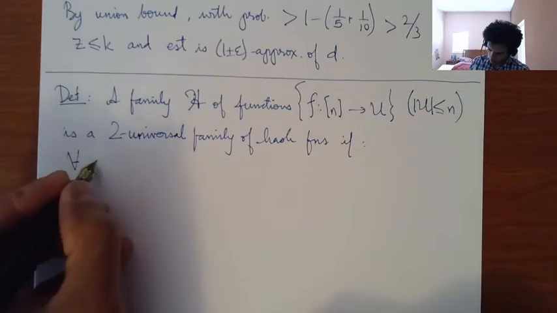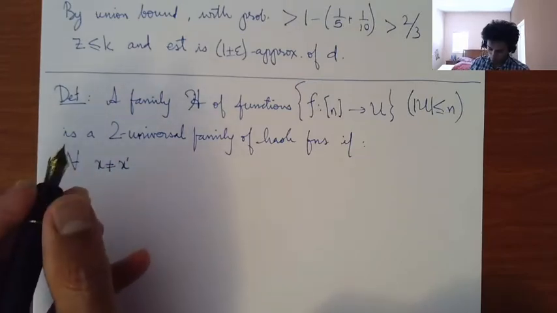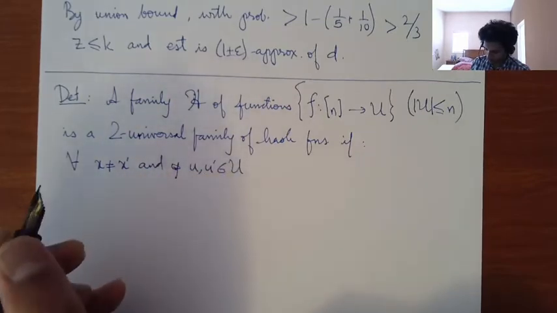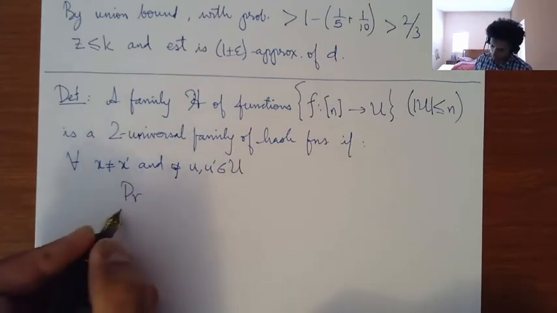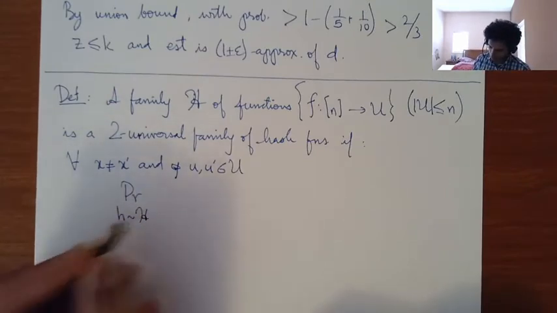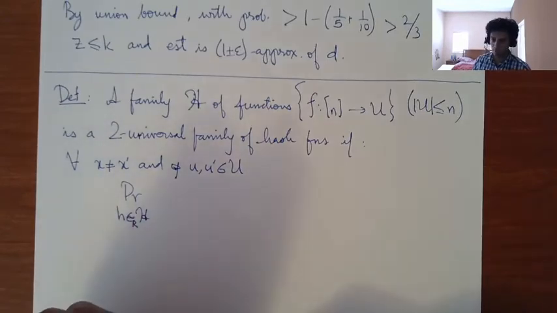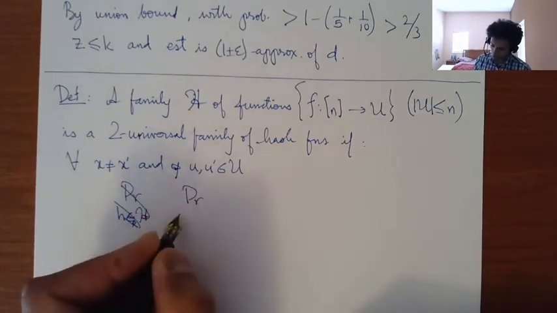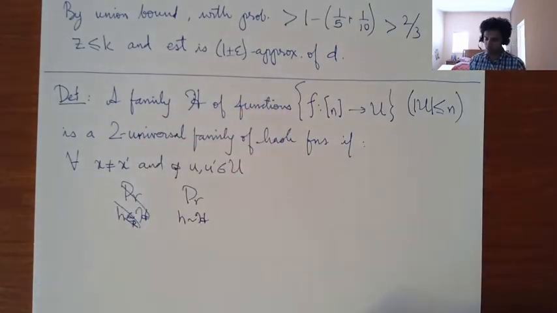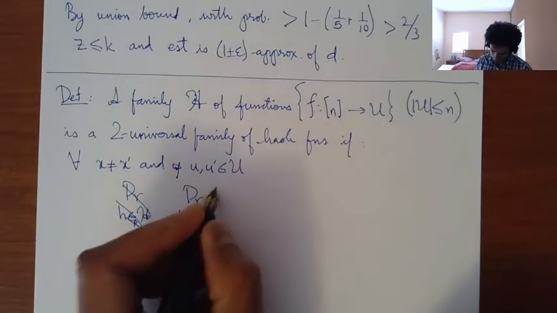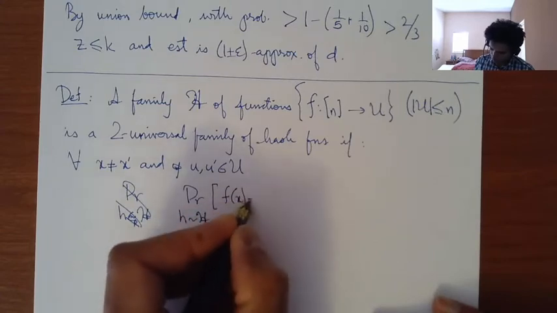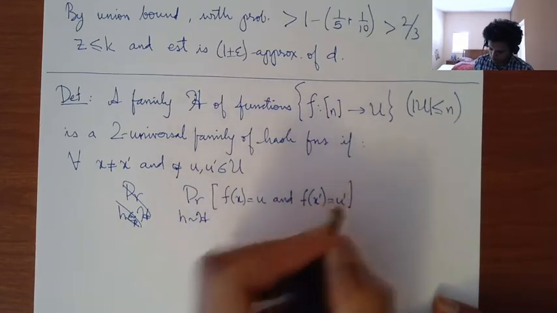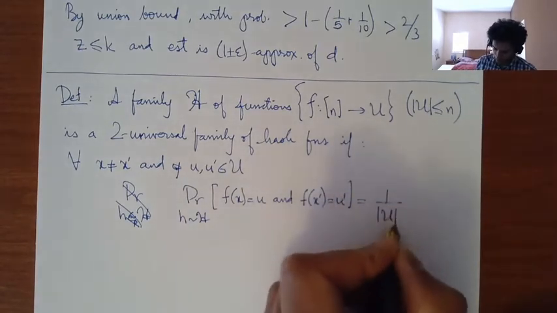for all x not equal to x prime and u, u prime in U, the probability over choosing h at random from H, so h is chosen uniformly at random from H. You can think of H really as the distribution, and somewhat abusing notation, h is drawn from this distribution, which is just the uniform distribution on hash functions, that h of x is equal to u and h of x prime is equal to u prime is exactly 1 over u squared.